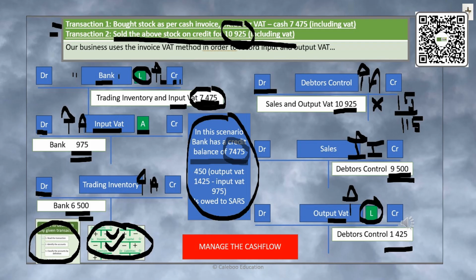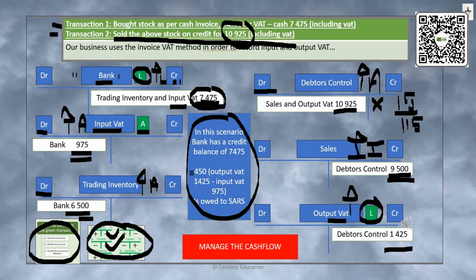We owe the bank 7,475. But after those two transactions that took place, we owe 450 to SARS. There it is, 450.